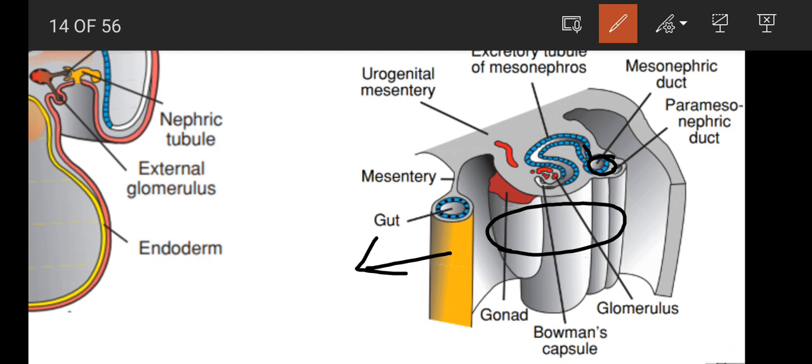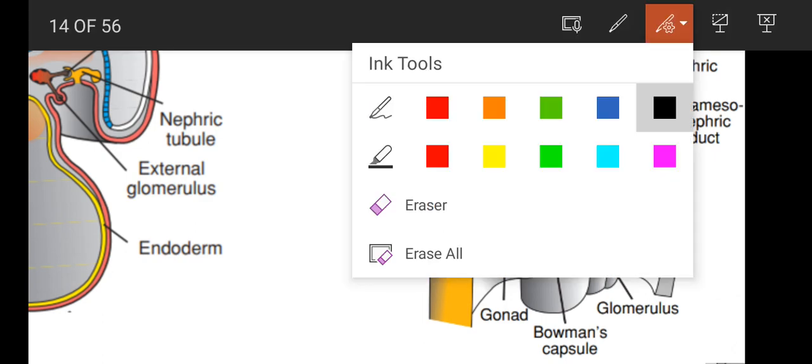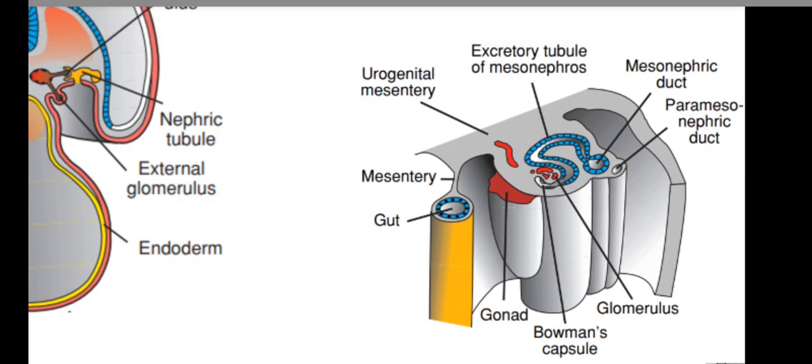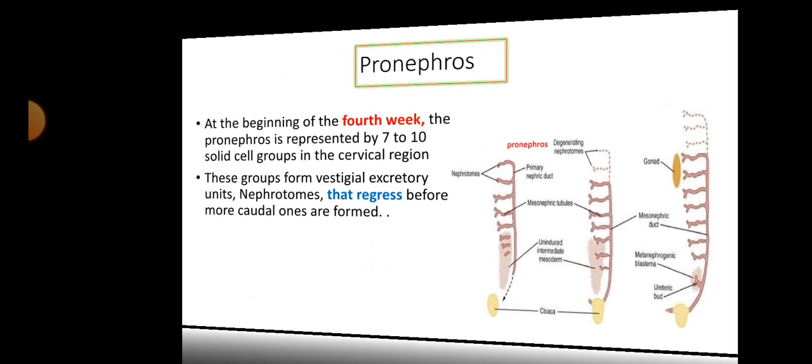From the duct there are tubules arising which take the shape of an elongated S, and the proximal end of it gets connected with the aorta, and a tuft of glomerular capillaries are formed and they drain into the mesonephric duct. All this takes place between the 4th to 8th week, and the mesonephros also starts functioning.